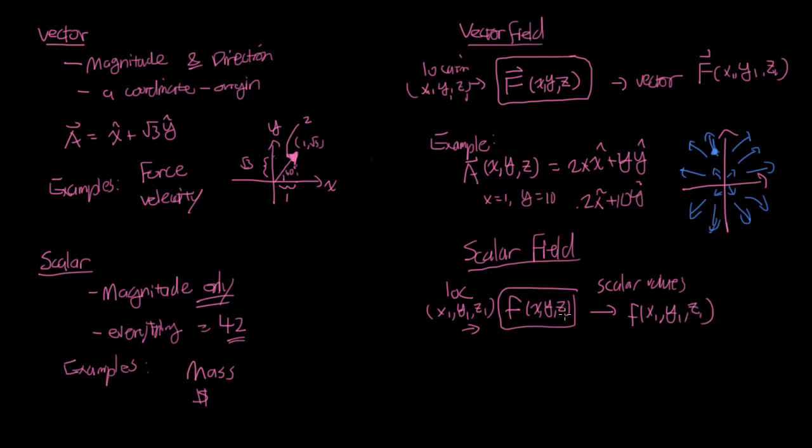In the case of a vector field, one example would be if this expression described the amount of force that you would feel at any given location: you can plug in locations and then calculate how much force there is. A scalar field can also describe something like mass.